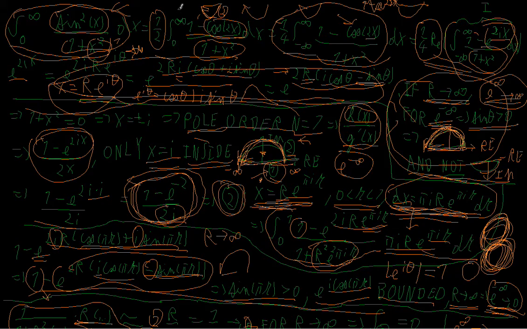Also, don't forget that here we went from the integral from 0 to infinity to half of the integral from minus infinity to positive infinity, because this integral here was even. Even if you cannot read it now, because there's a lot of writing, this integral here was even, so we were able to split it.